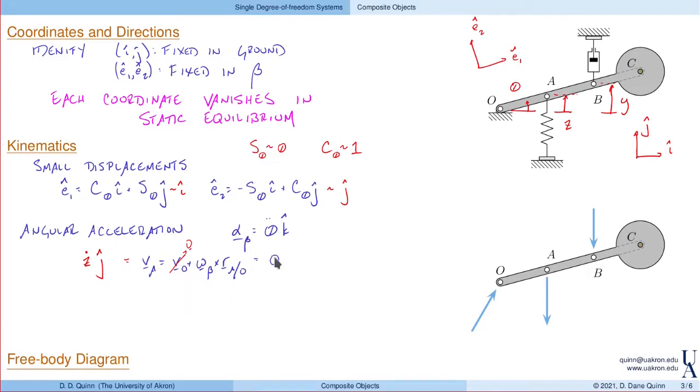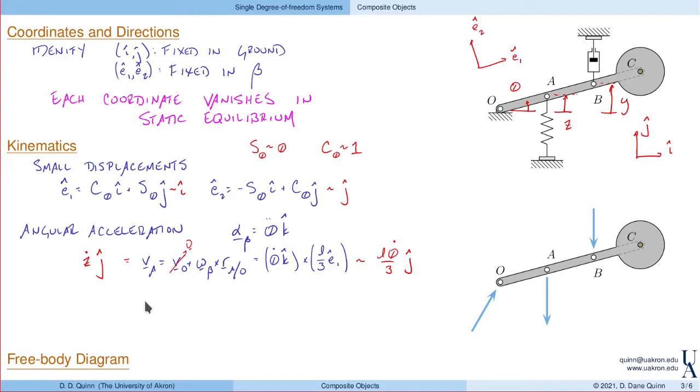This becomes theta dot K, that's the angular velocity, and then A with respect to O, well, that's L over 3 in the E1 direction. Although, remember that E1 was basically I, so K cross I is J, and this becomes L theta dot over 3 in the J direction. So we can relate Z dot and theta dot in this way.